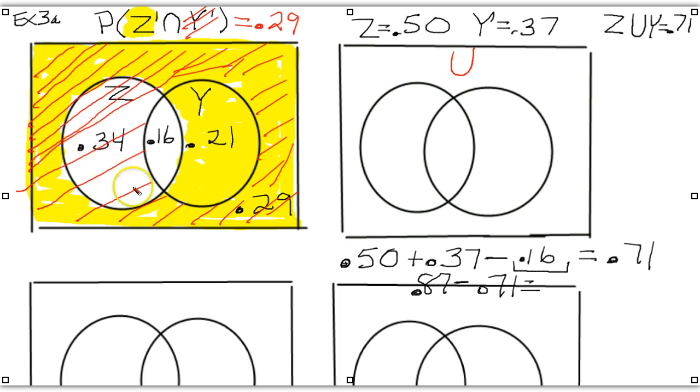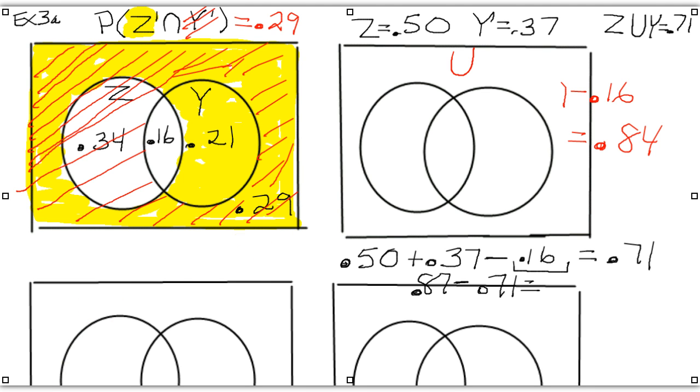Well, there's color everywhere except here. So we're going to take our 1 minus 0.16, which is not colored, and this will give us 0.84. So you can, if you've done these others, you can use a similar process.